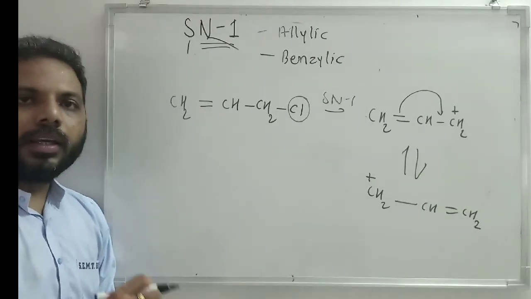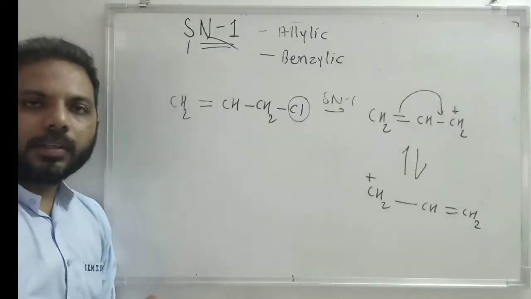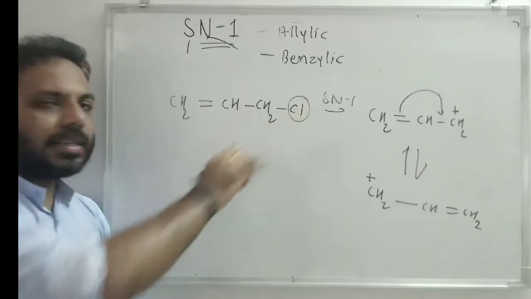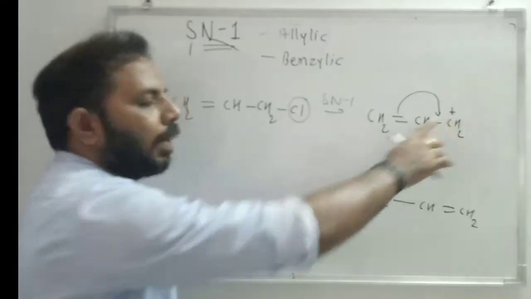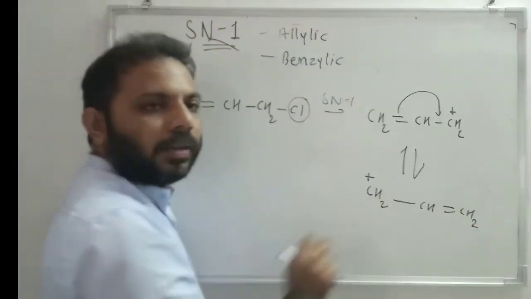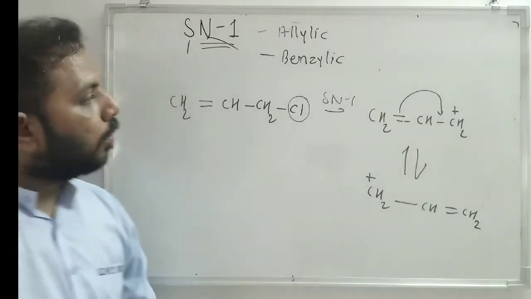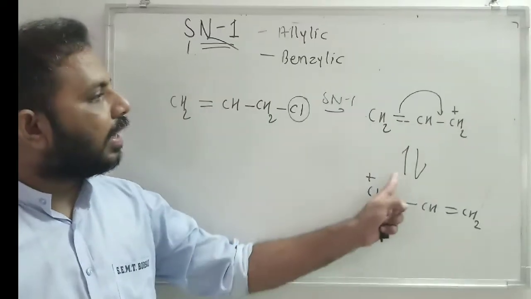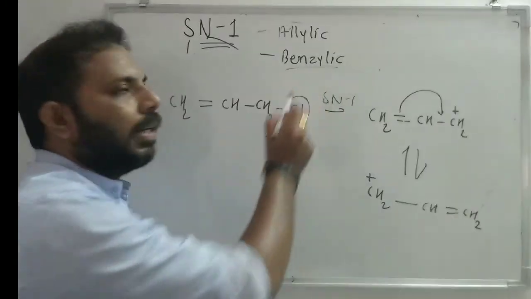Again, allylic compounds are more reactive for SN1 reaction, and the reason is, if this allylic compound undergoes SN1 reaction, there will be release of chloride ion, so here we will get carbocation. Now this positive charge will attract pi electrons, so the pi electrons will come over here and there will be positive charge. So there is resonance between these two structures. So this allylic carbocation will undergo resonance and it will be stable, and that is why it is more reactive for SN1 reaction.